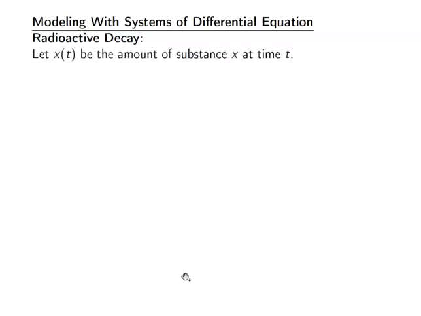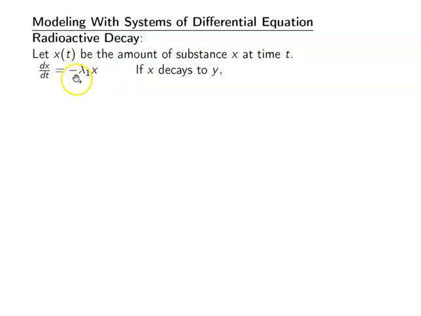Okay. So modeling with systems of differential equations. Radioactive decay. Let's say that x of t is the amount of substance x at time t. Then the rate of change of the amount of that substance is negative lambda 1 x.